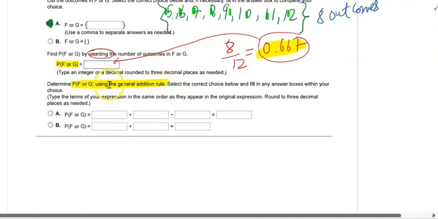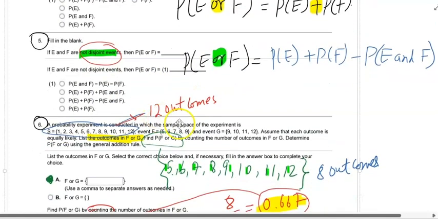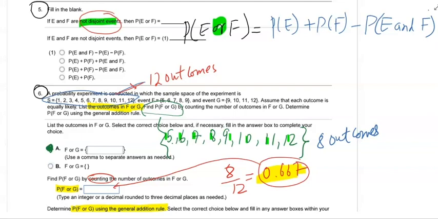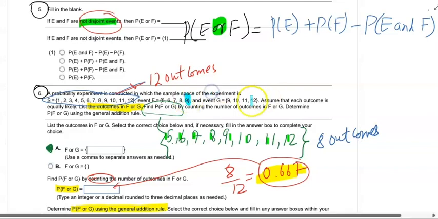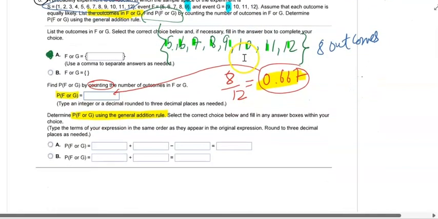But in the next question, you determine the probability using the general addition rule. To do that, you first have to identify whether the events F and G are disjoint, or mutually exclusive. Notice that they are not mutually exclusive because the outcome 9 is common. F and G both have 9 in common. Therefore, these two events can occur at the same time.